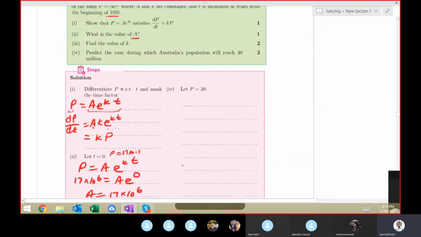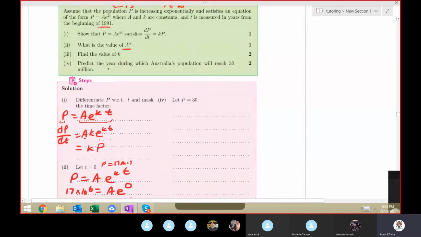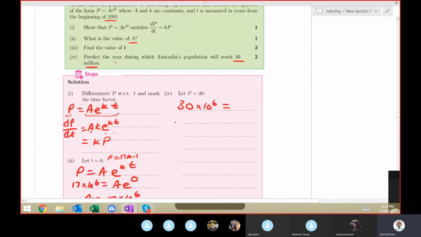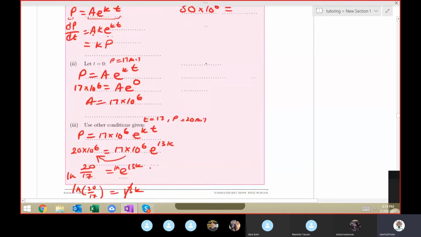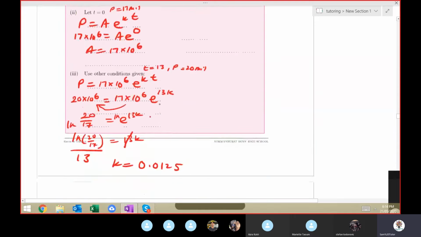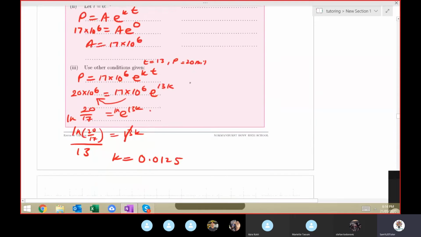Okay, last one. Predict the year during which Australia's population will reach 30 million. So it's obviously saying find time when it's 30 million. So 30 times 10 to the 6 is equal to A, A is 17 times 10 to the 6, e to the K we just found, 0.0125.